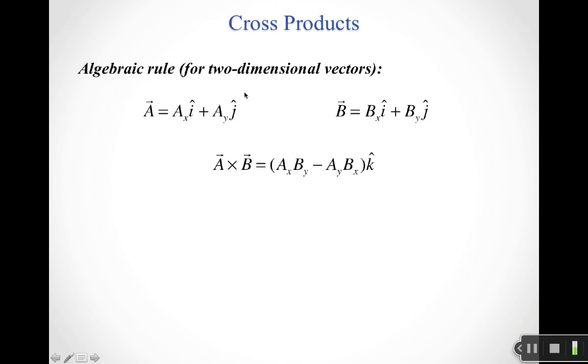And basically it says if you can break up 2 vectors A and B into their x and y components within some particular coordinate system, then the cross product A cross B is the product of the x component of vector A and the y component of vector B minus the y component of vector A times the x component of vector B. So literally what you're doing, you can think of, I'm taking my 2 vectors, I'm breaking them up, here's the x components, here are the y components, and the cross product, algebraically, our rule is given by multiplying together along that angle, so ax times by, and then I want to subtract, and then I multiply together on that angle.